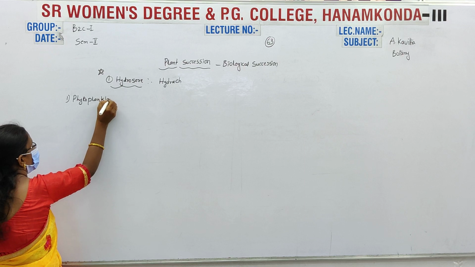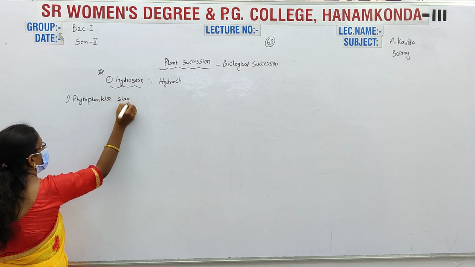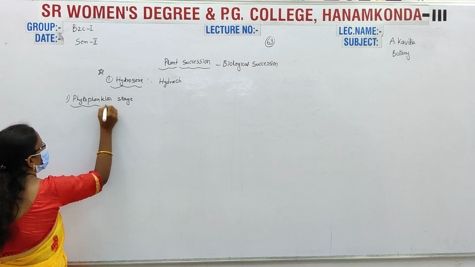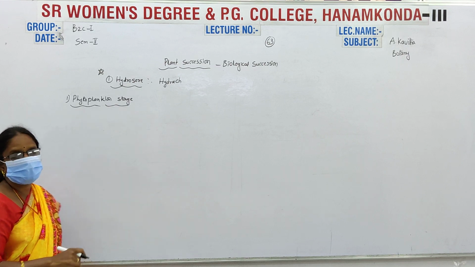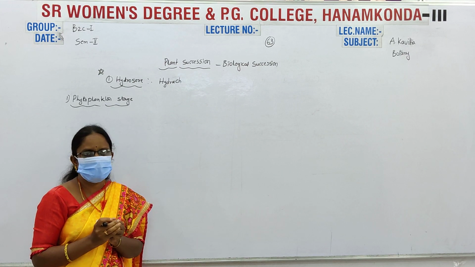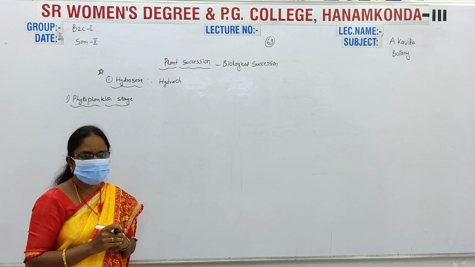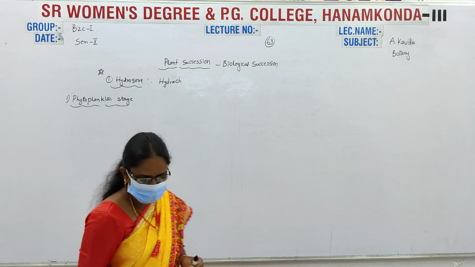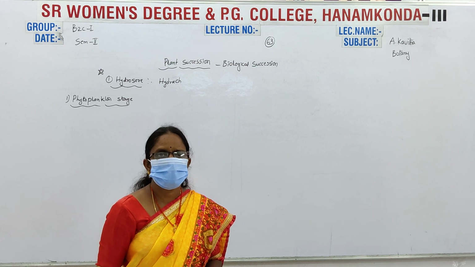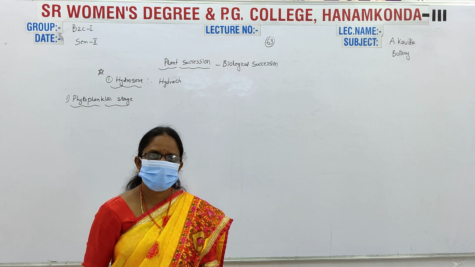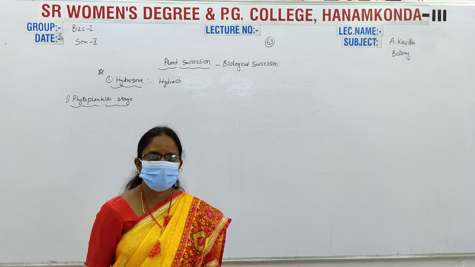Phytoplankton stage. In the phytoplankton stage, the first plant community develops.